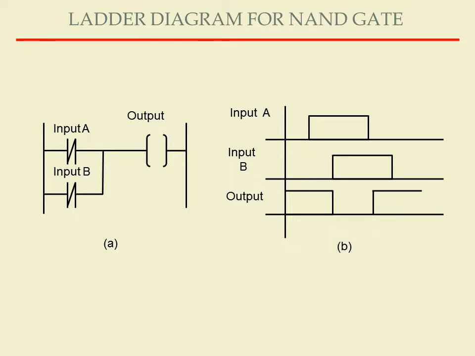Input A is 1, input B is 0, output is 1. Input A is 1, input B is 1, then output is 0. Input A is 0, input B is 1, then output is 1. So for only 1 1 input, the output is 0. Otherwise, for all inputs, that is 0 0, 0 1 and 1 0, the output is 1.